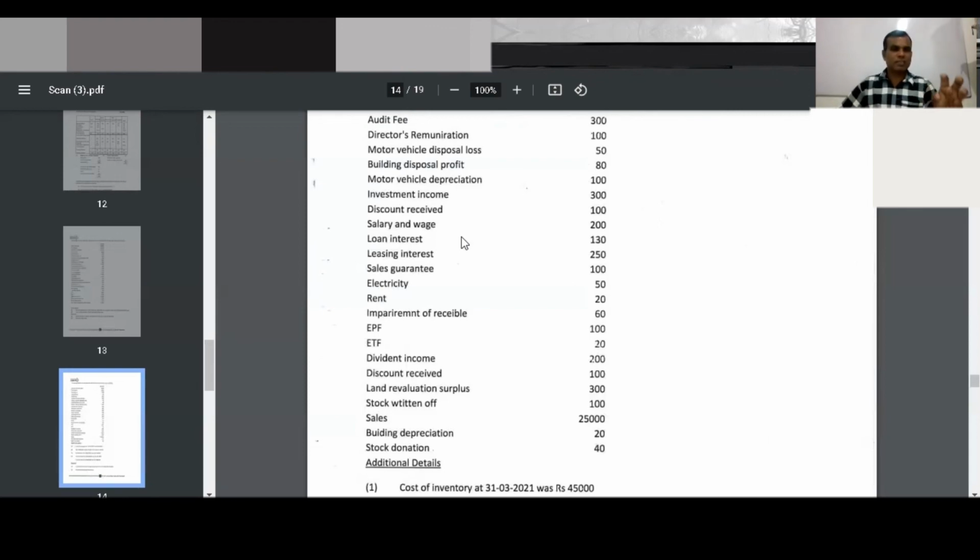After discussing it, we can draw up a complete set of financial statements. Now you know that a set of financial statements consists of the comprehensive income statement, statement of equity changes, statement of financial position, disclosures and notes. In addition, based on LKAS 7, we prepare the cash flow statement. There are 5 components of financial statements. We have discussed only one. We have to discuss the other 4.